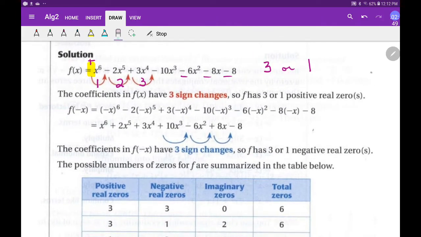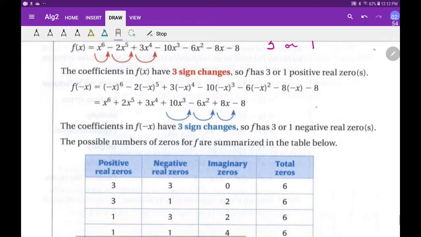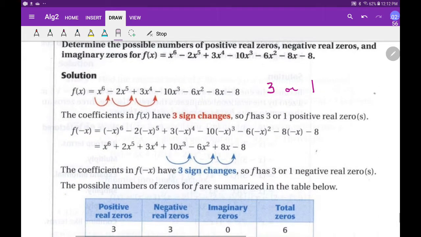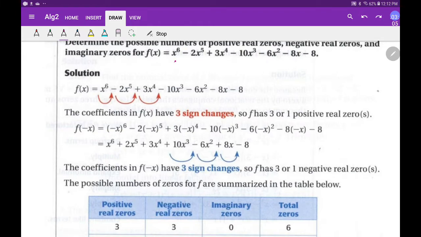And then we also do the same thing with negatives. Let me just talk you through it up above. If I plug in a -1 into x to the 6th, that's not going to change anything. I'm still going to have a 1. If I plug in a -1 to an odd exponent, it's going to change the sign, and I'm going to get a +2.